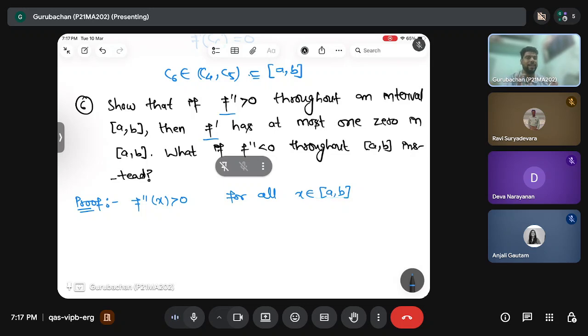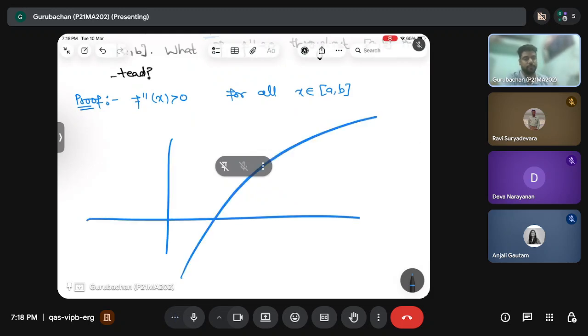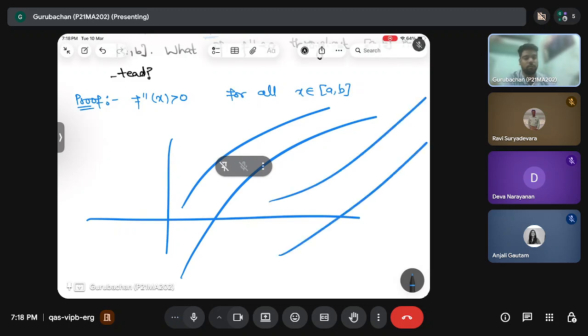Think of it as a function and its derivative. If you think of it as an increasing function, it will move like this, or if it is starting from just here, it can go like this, or maybe like this one or like this one. In all the cases this is an increasing function.